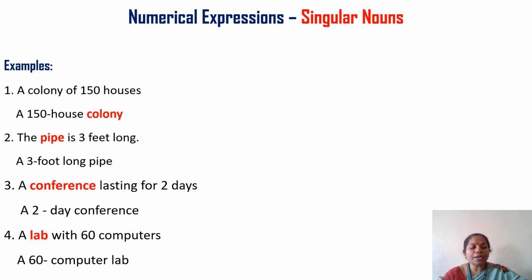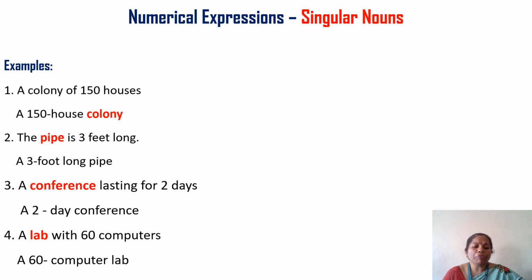So 150 is indicating a consonant sound. That is why this is preceded by the article a. So here, 150 number, hyphen, house. This is the singular form of houses. Then you have to end it with the noun, colony.